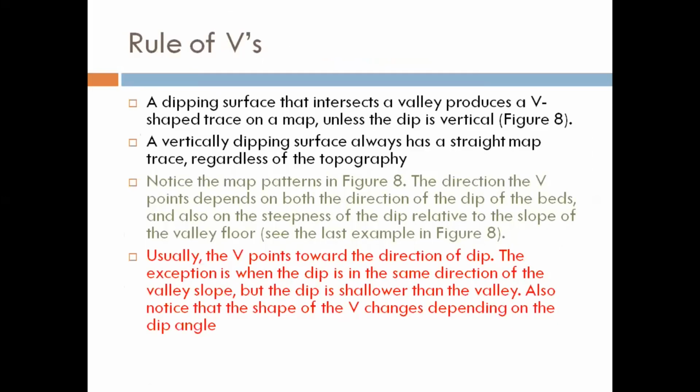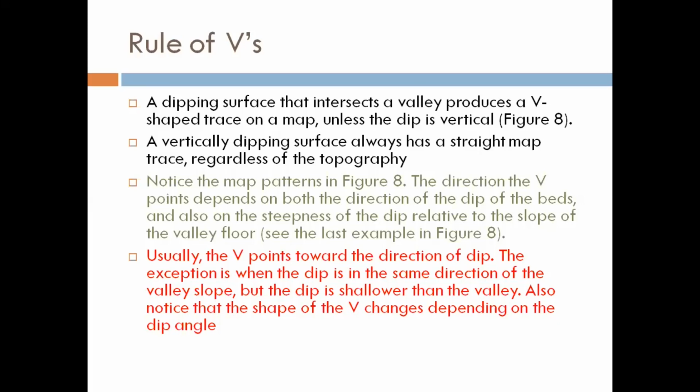Okay. Today we will study a very important rule, that is the rule of V. Actually, this rule is very simple. It just integrates two things. One is the contour line, and one is the lines representing the geological contact. A dipping surface that intersects a valley produces a V-shaped trace on a map unless the dip is vertical.